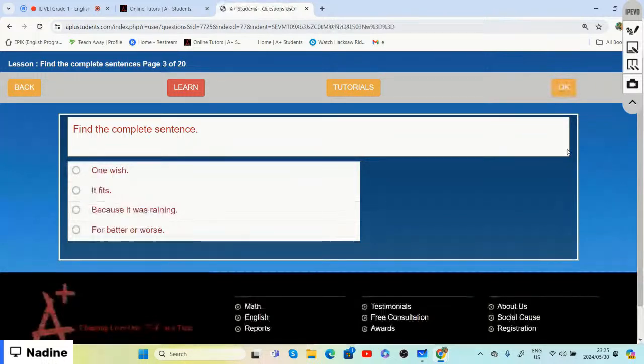All right, so now let's go to the next one. It says find the complete sentence. We have one wish, it fits, because it was raining, for better or worse.